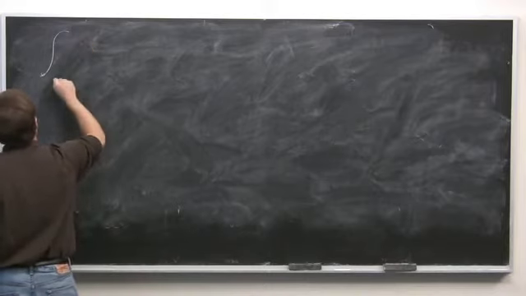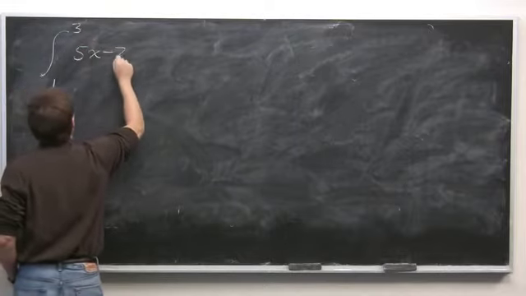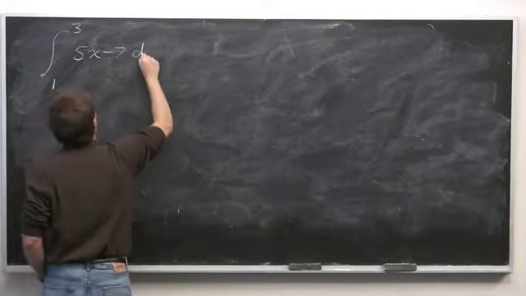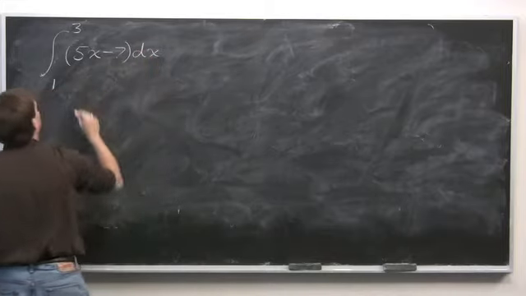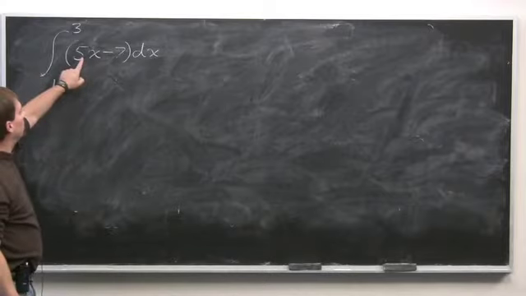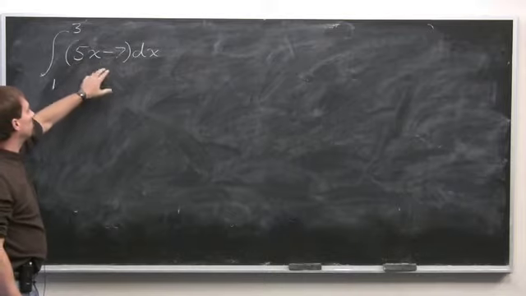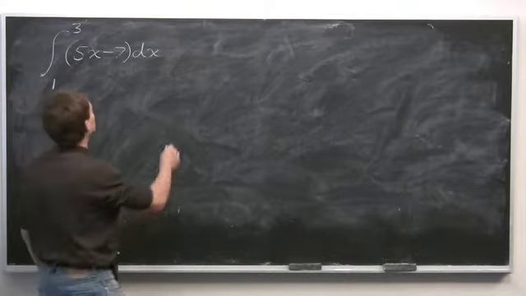What's the integral from 1 to 3 of 5x minus 7 dx? What do we do? Well, the definite integral is linear. We can split up the sums and pull out the constants.